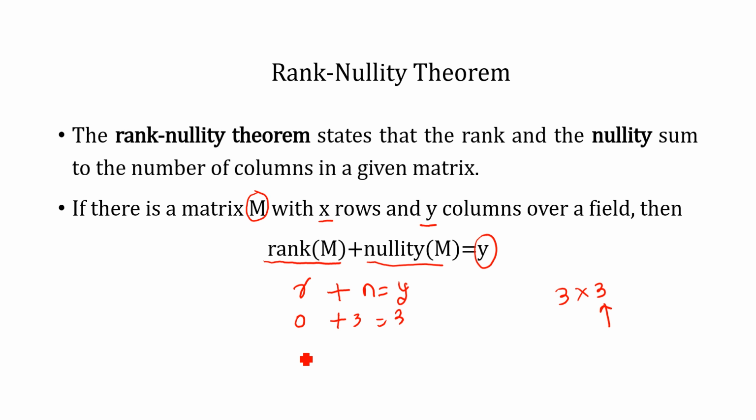One more possibility, if the rank is 1, then the nullity will be 2, which sums to 3. If it is 2, then the nullity will be 1, which sums to 3, and so on. So this is the theorem.